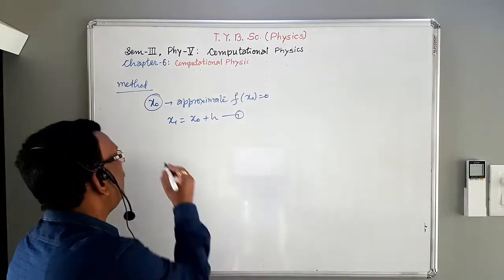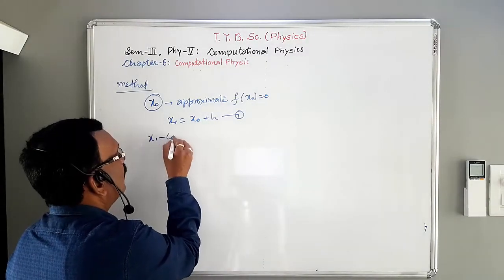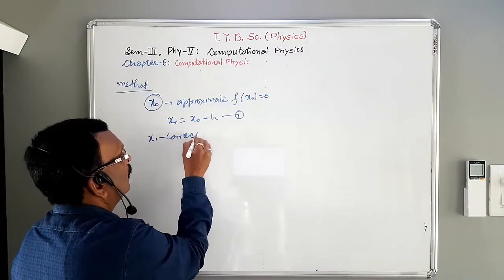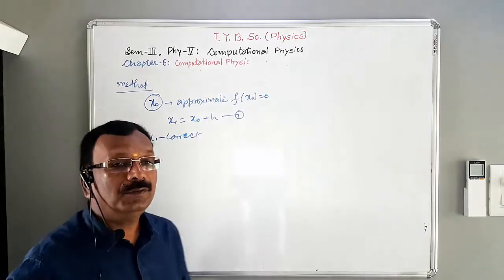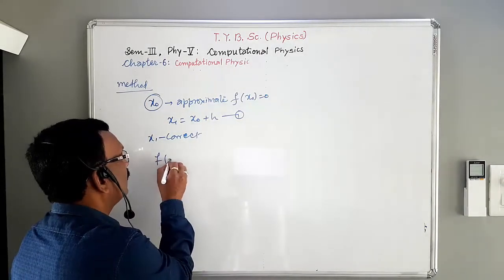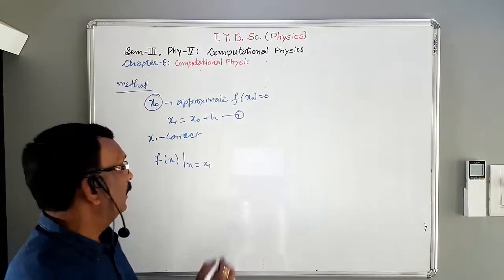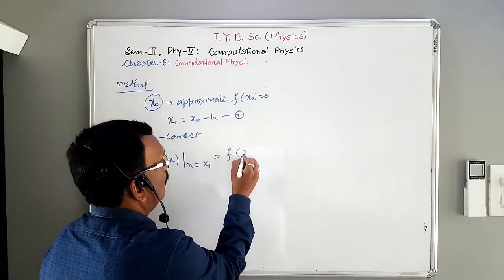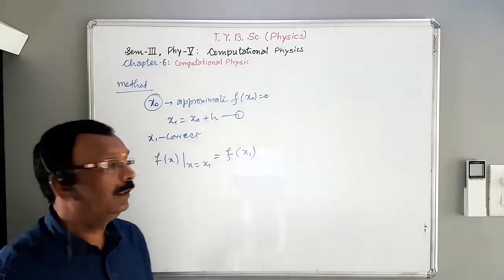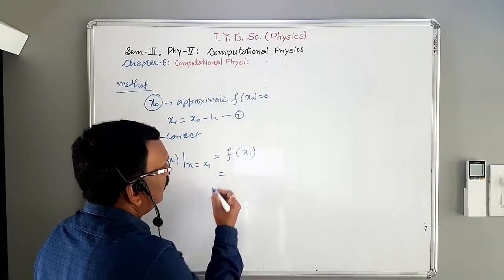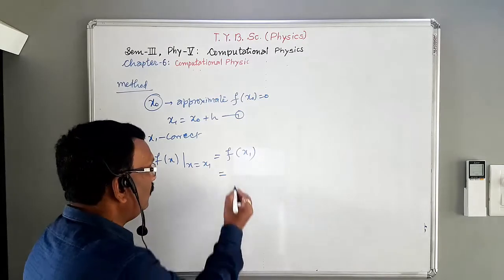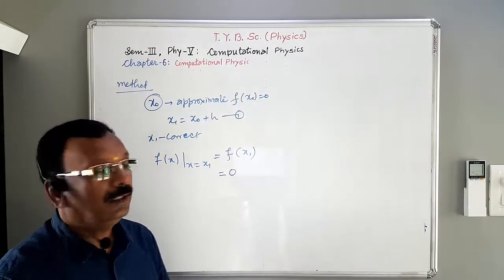Since x1 is the correct value or correct root, we can write f of x at x is equal to x1, and find f of x1. If we substitute the value, we will obviously get 0.